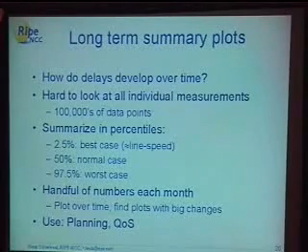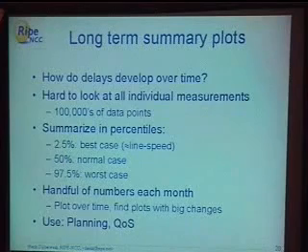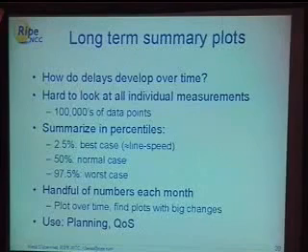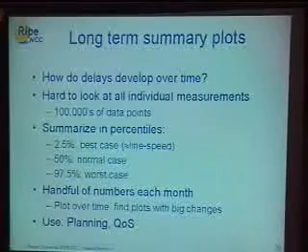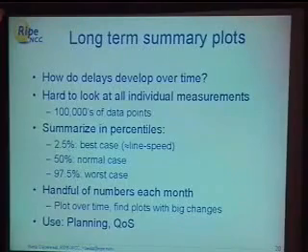So what we do then is summarize the thing. We summarize the data for 6-hour intervals in percentiles, and we define 3 percentiles, the 2.5% percentile, so that's the lowest, the delay corresponding to 2.5% of the measurements.